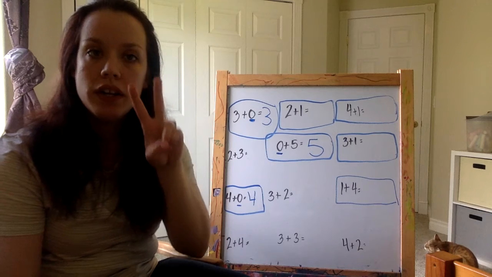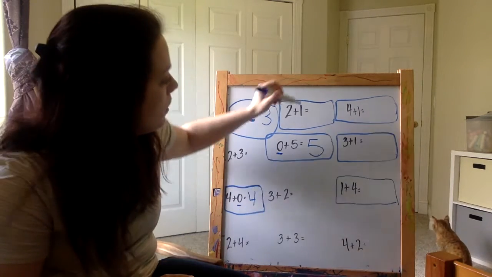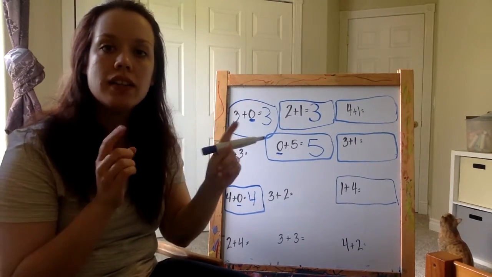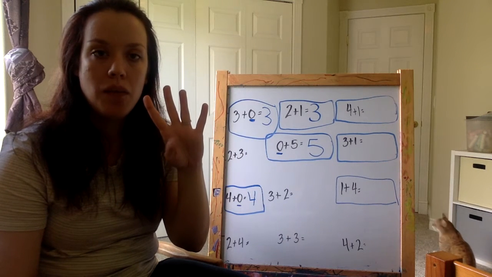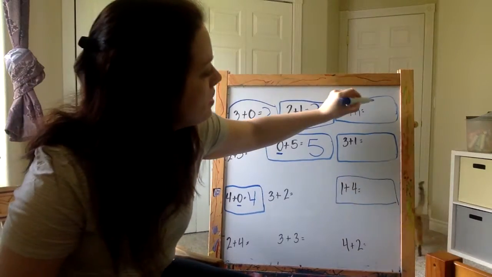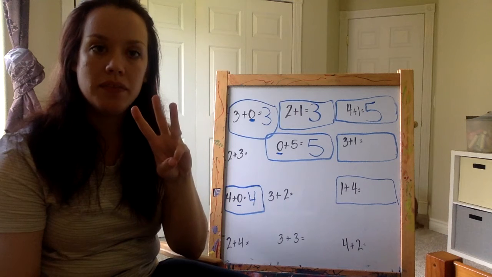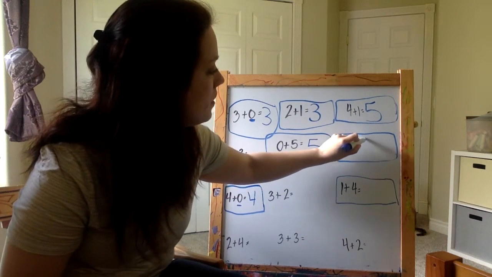Let's start with this one. 2 and 1 more makes 3. Adding 1 is easy because all you need to do is think of the very next number. Then I have 4 and 1 more finger. That's 5. We know there's 5 fingers on one hand. Next we'll do 3 and 1 more is 4.